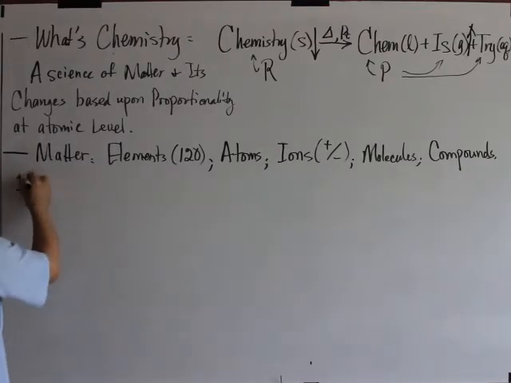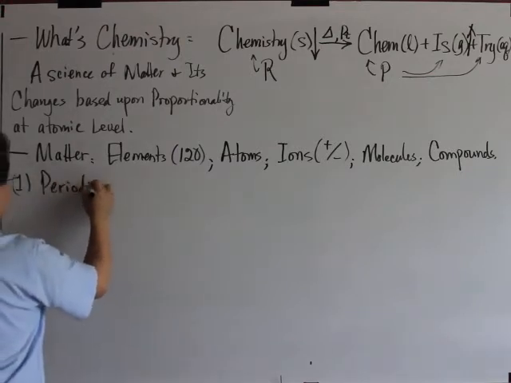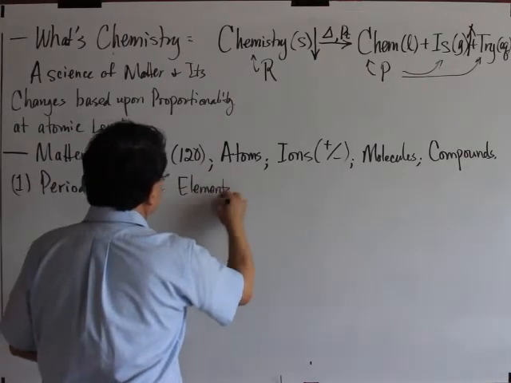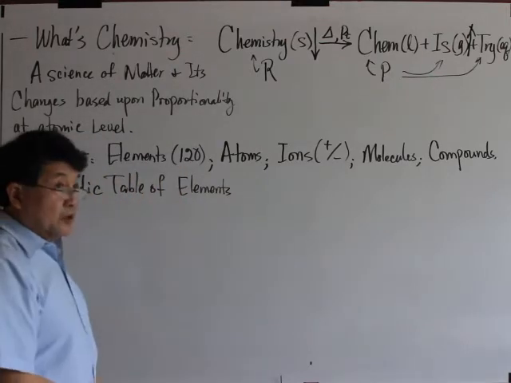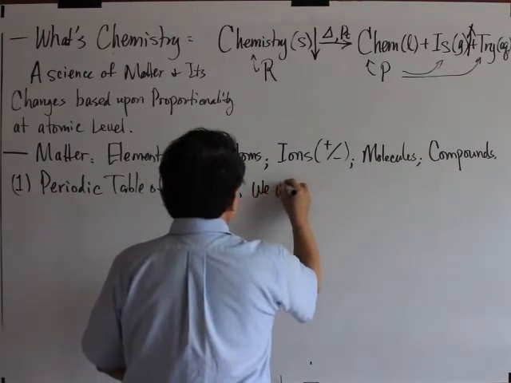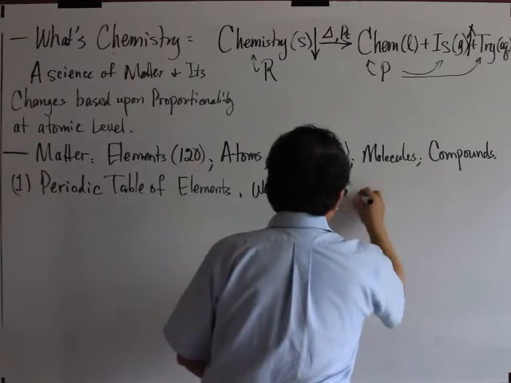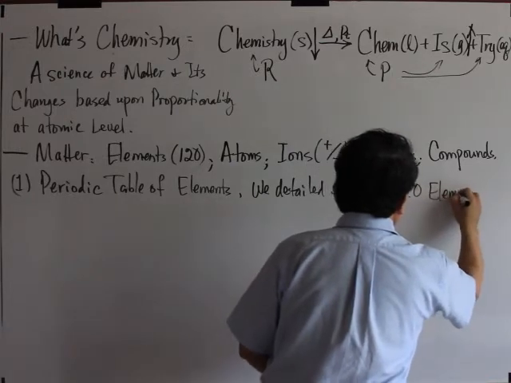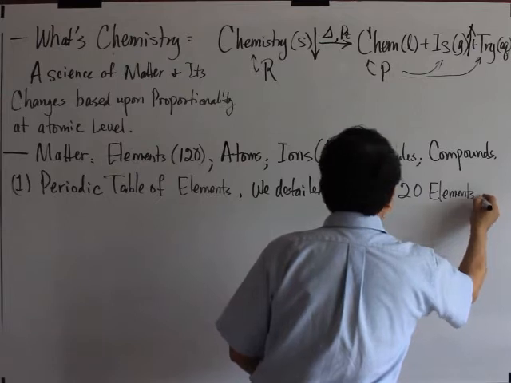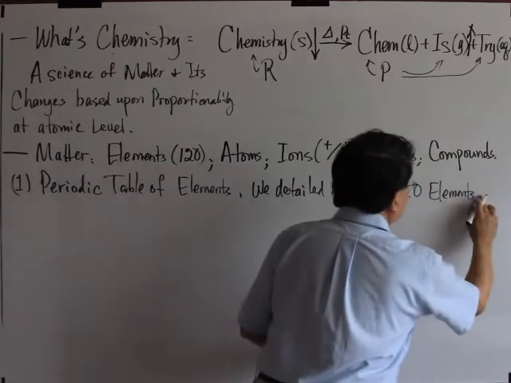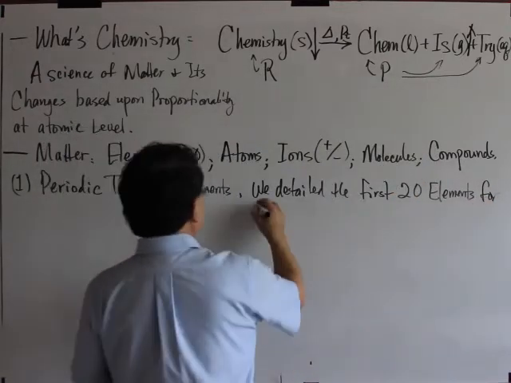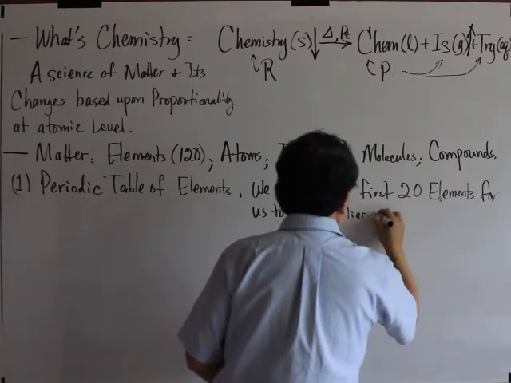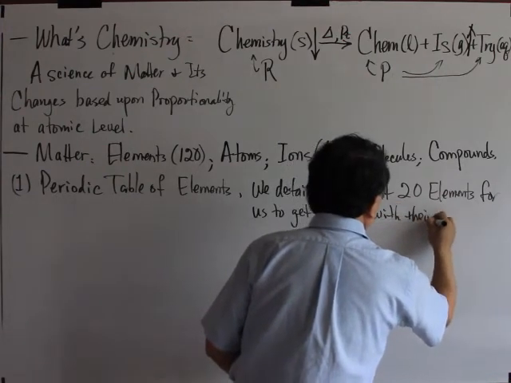Under that, we talk about the periodic table of elements, and we detailed the very first 20 elements and their properties, for us to get familiar with their properties.